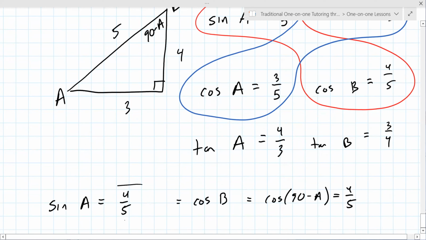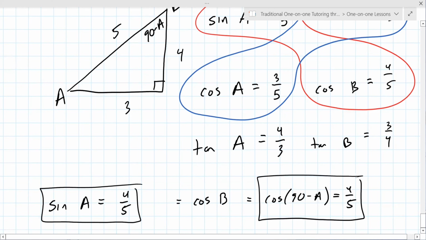So that's why these are the same. There are a lot of things that overlap in this part of the course. You have multiple paths to get to the same solution.